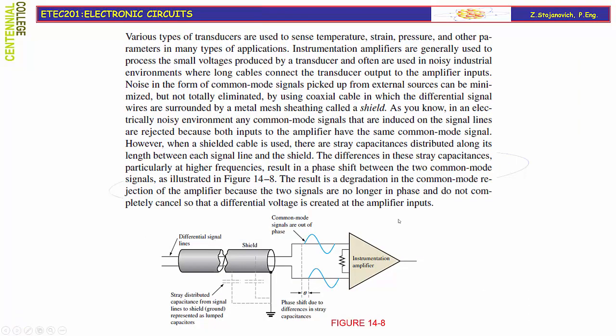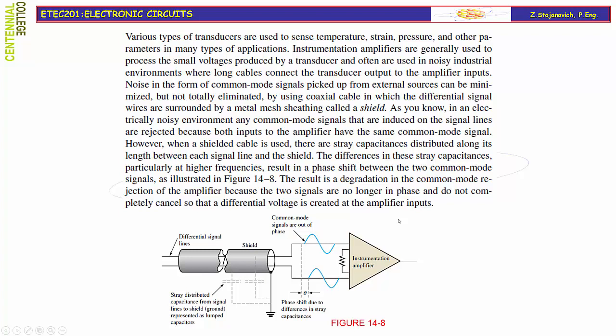Various types of transducers are used to sense temperature, strain, pressure, and other parameters in many types of applications. Instrumentation amplifiers are generally used to process the small voltages produced by a transducer, and often they are used in noisy industrial environments where long cables connect the transducer output to the amplifier inputs.